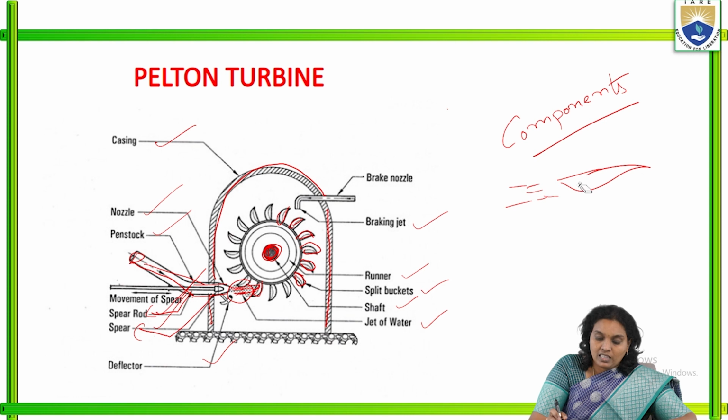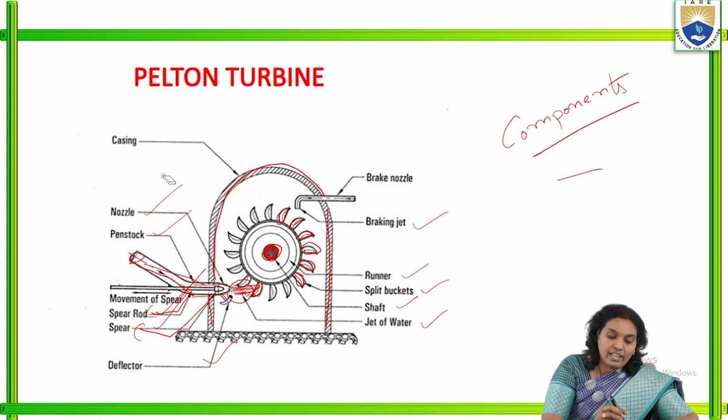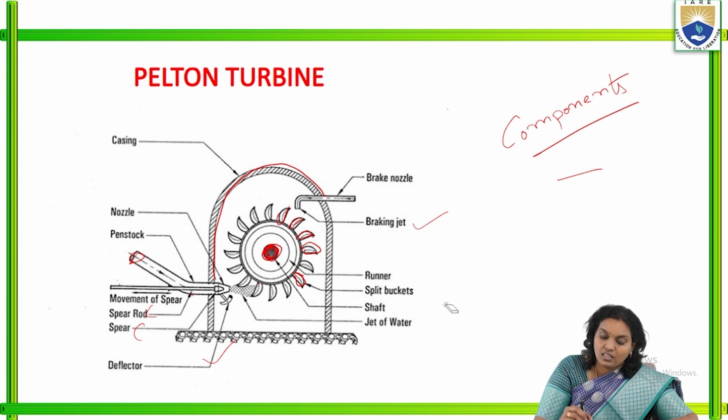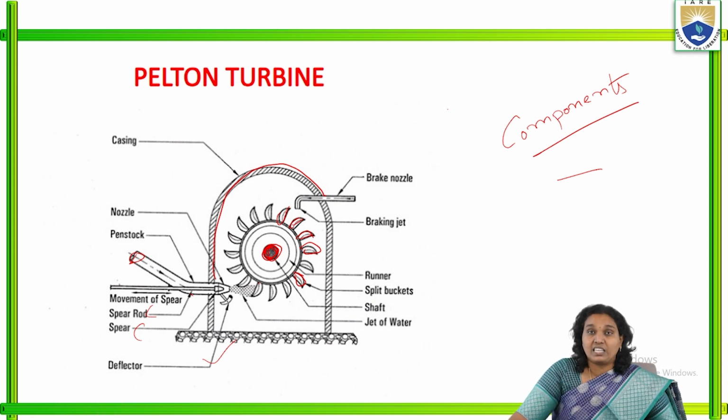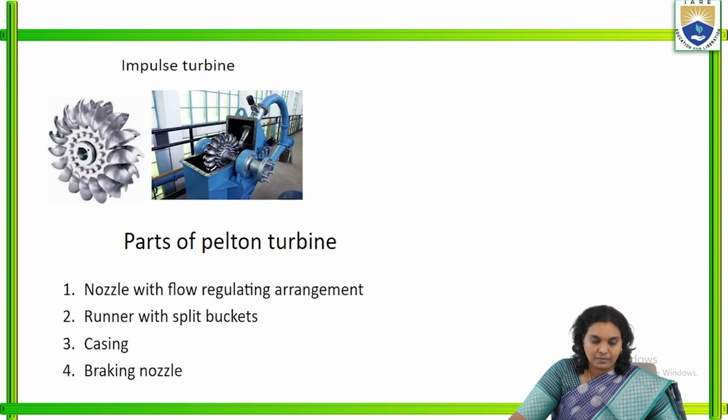So these are the components: the nozzle, the deflectors, the runner, the shaft, and the jet of water. All these are the components present in the Pelton turbine.